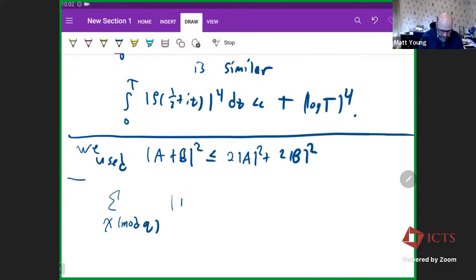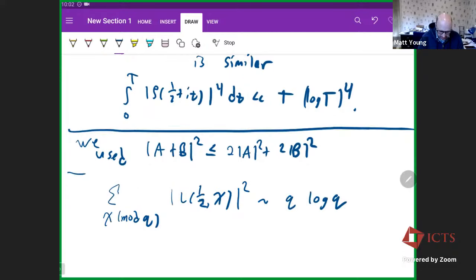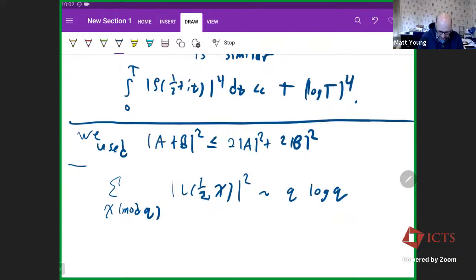So it is possible to prove an asymptotic formula for this second moment of Dirichlet functions. This should be asymptotic to q log q. I might be assuming q is a prime here. Or maybe I have to multiply by q over phi of q. So this should be asymptotic to phi of q log q.